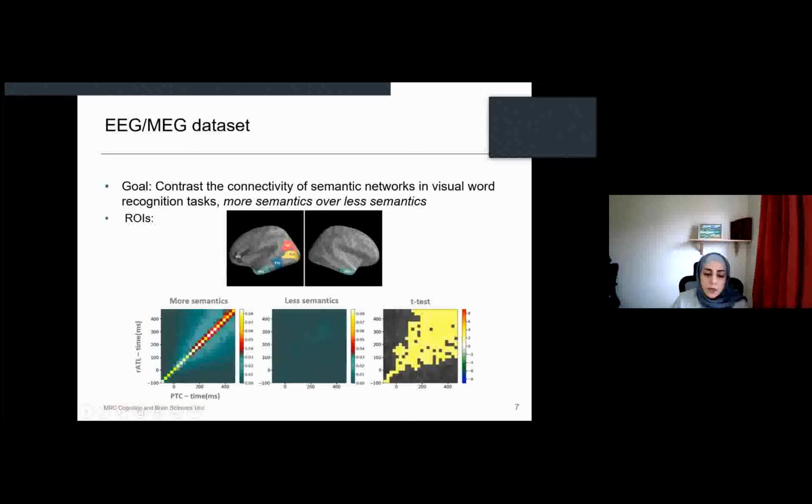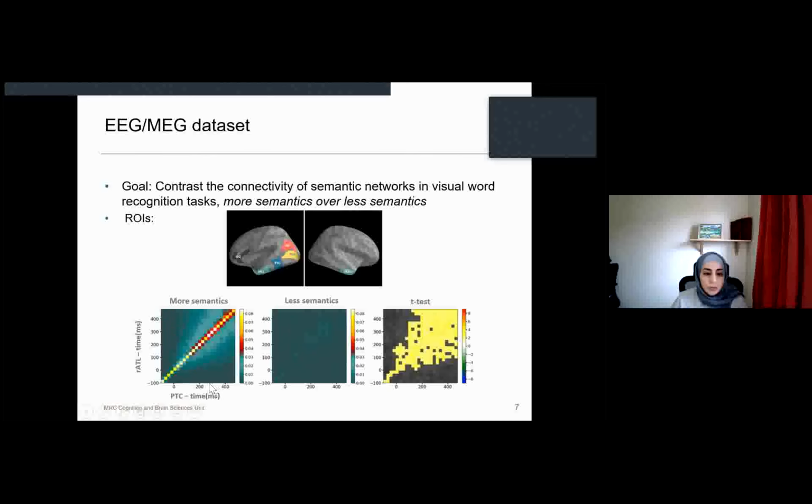Well, just to give you an idea how this connectivity looks, let's take a look at this example, which is the comparison of the connectivity between right ATL and posterior temporal cortex at different latencies. The color bar shows explained variance as the connectivity metric, and on the X and Y axes we have time latencies.